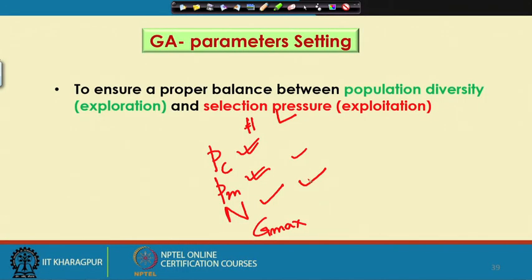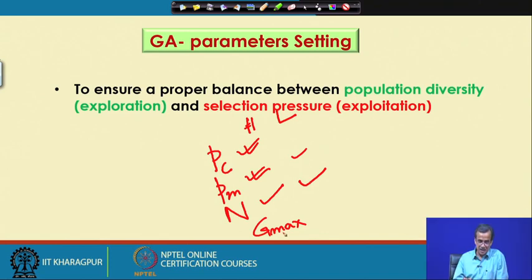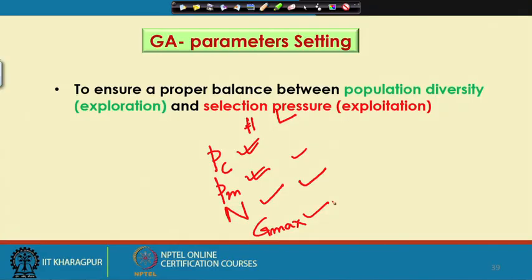Now, let us see what happens if I take a very high value for G max, the maximum number of generations. If I take a high value for G max, there is a possibility we will get a very good search, but once again at the cost of more computation. On the other hand, if I take a very low value for G max, the search may not be proper and there is a chance that you will get some sort of premature convergence.